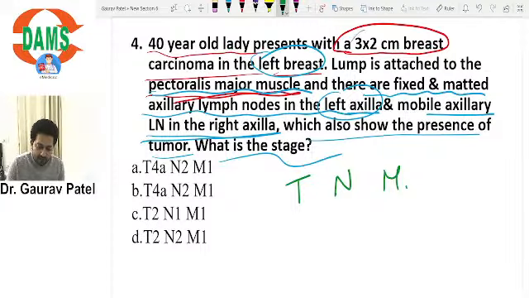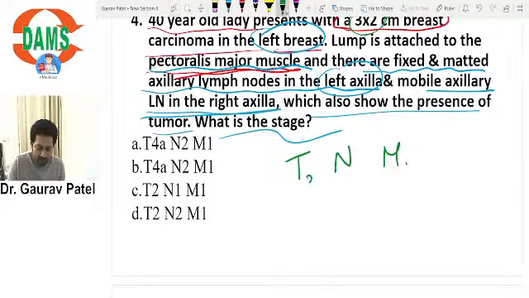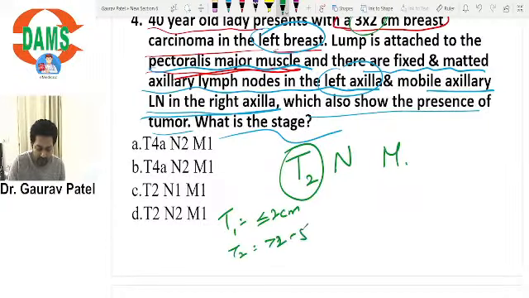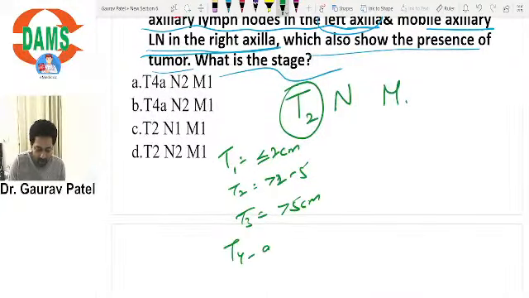It is 3 by 2 centimeter, so it will be T2. Now if you remember, T1 is 2 or less than 2 centimeter, T2 is more than 2 to 5 centimeter, T3 is more than 5 centimeter. T4A is chest wall involvement, which does not include pectoralis.